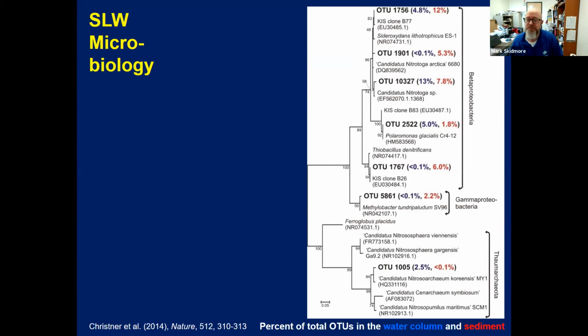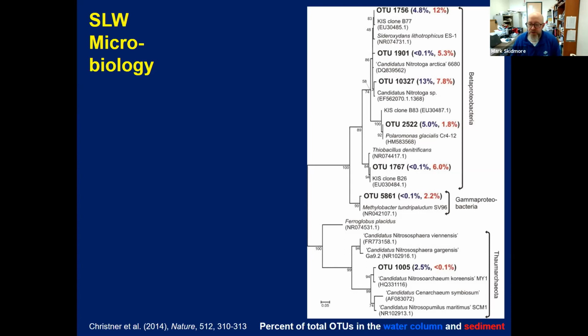And again, to orient yourself to this diagram, this is based on 16S ribosomal RNA gene sequencing. The OTUs are operational taxonomic units. The colors come with percentages. So if it says 5% OTU 2522, that's roughly 5% of the sequences in that sample in the water, and 1.8% in the superficial sediments of the lake.